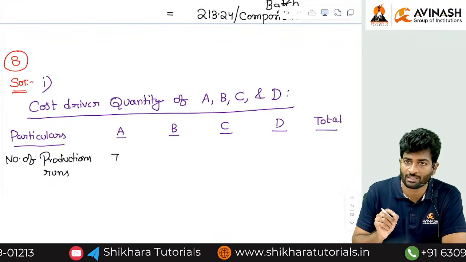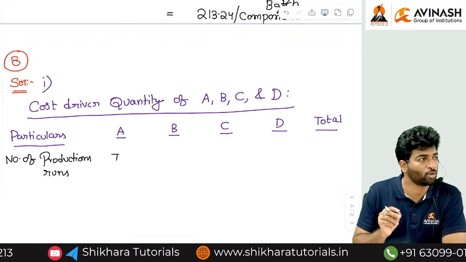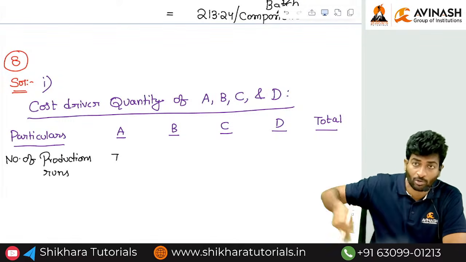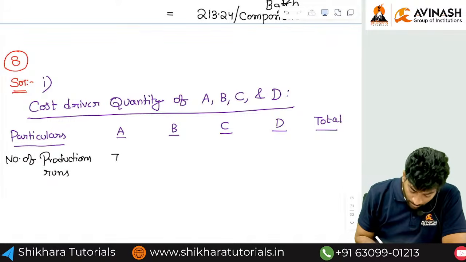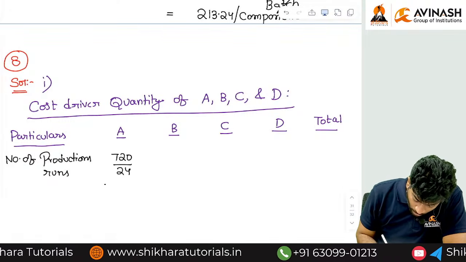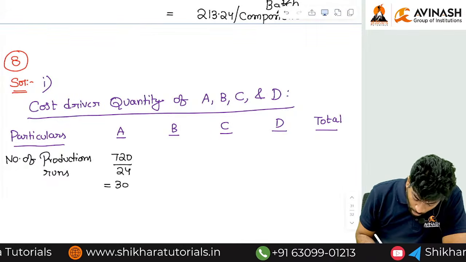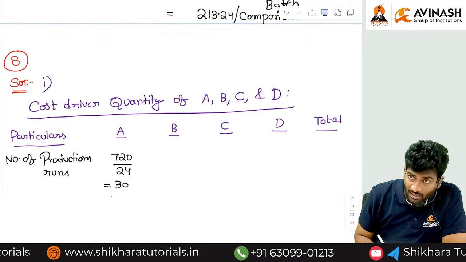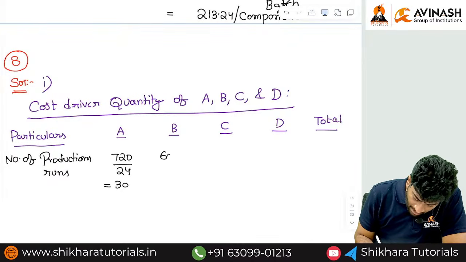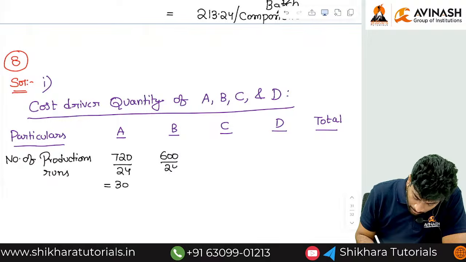720 units divided by 24 units per production run. Units will get cancelled. Production run will go to the numerator. So 720 by 24, it should be very clear that I am going to get production runs. Clear? So 30 production runs. Next one, 600 divided by 24.